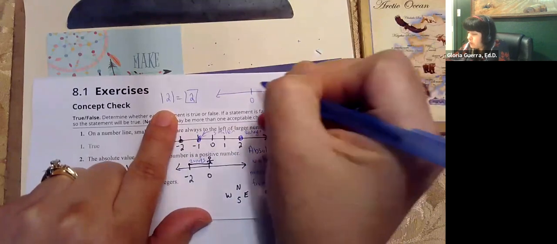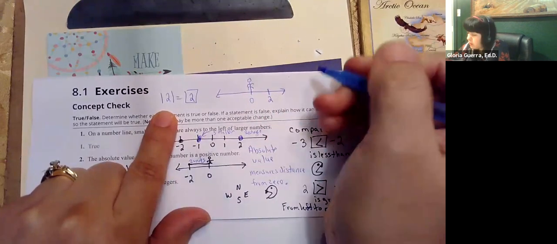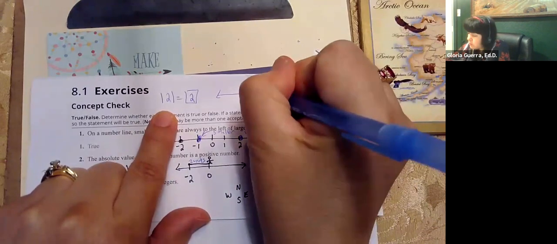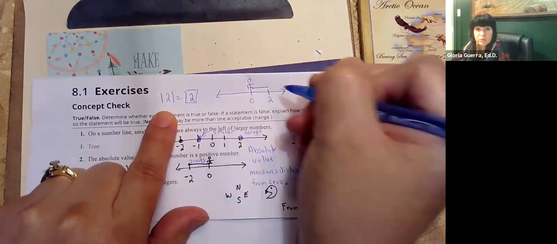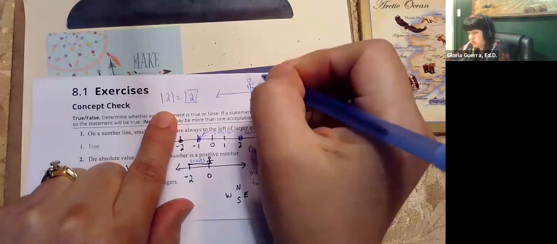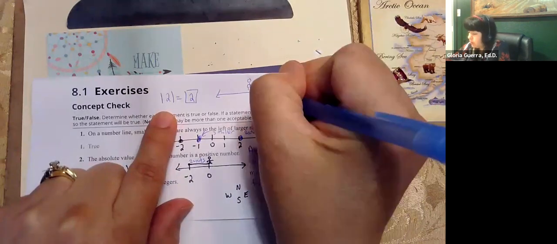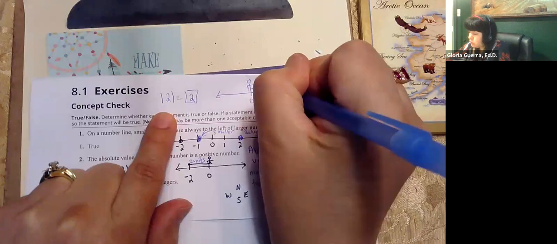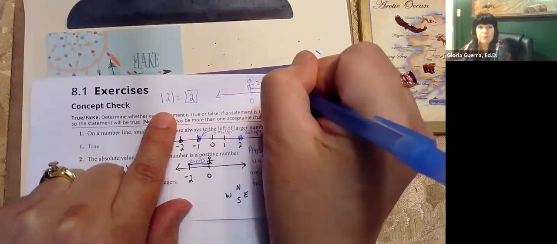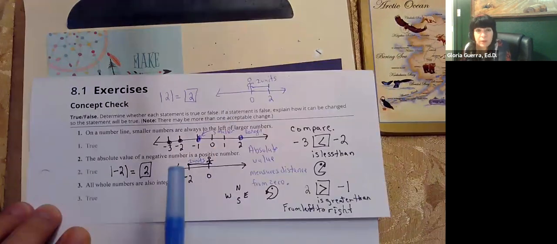You're measuring distance from 0, and you come out the east direction. When you extend your ruler out, how long is that from 0 to 2? That's 2 units of length. So the absolute value of 2 is just 2. Okay. So you're measuring distance.